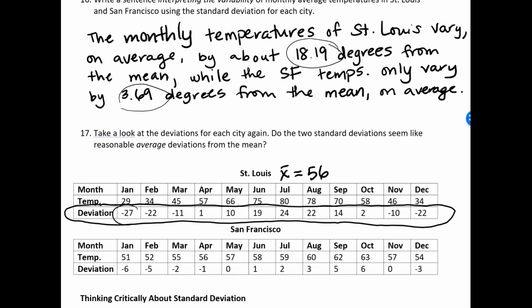Right? Some are a lot lower, some are really close to 56. But if we were to average out how much these points vary from the mean, we would say about 18 degrees. That's about how much spread we see on average.